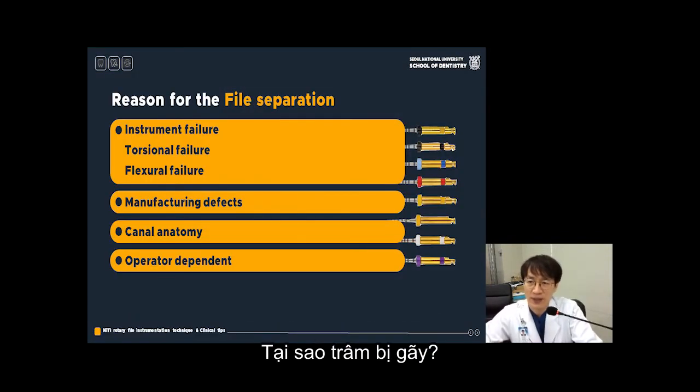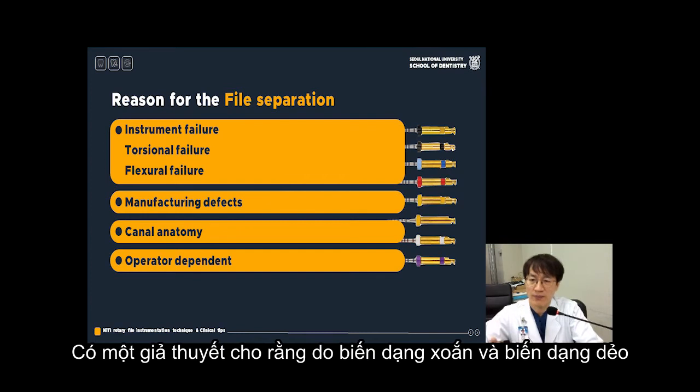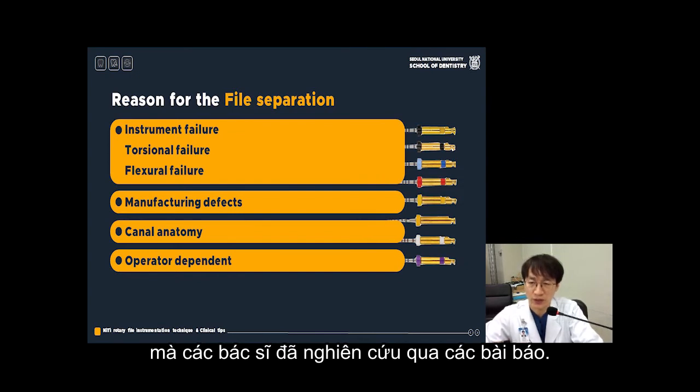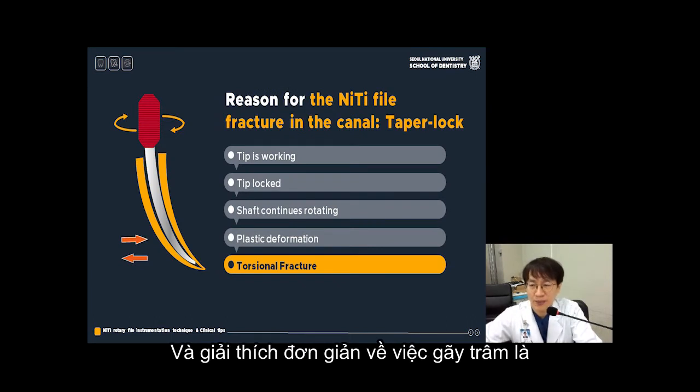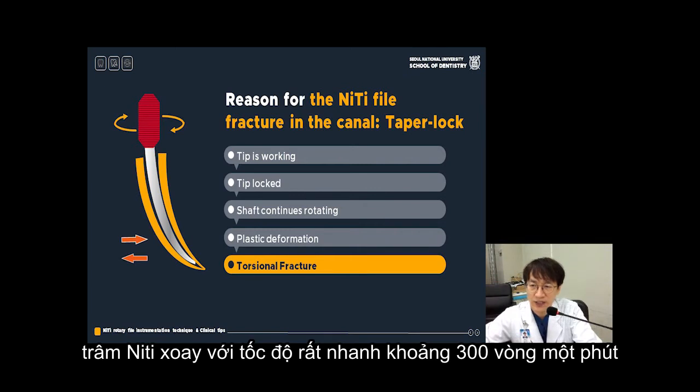Why does it separate? There's a theory that they have torsional failure or fatigue failure that you doctors already studied through the articles. A simple explanation of the separation is that this nickel titanium file is rotated at a really fast speed, like 300 RPM.